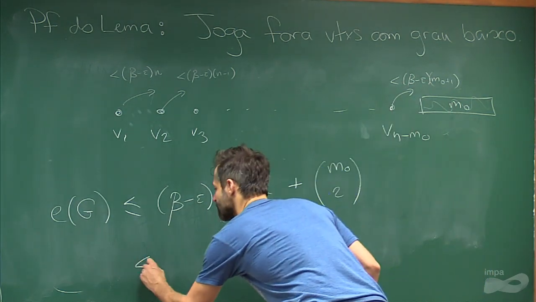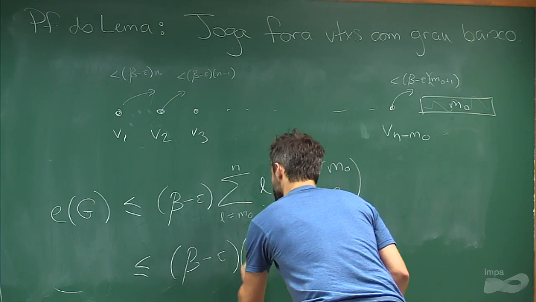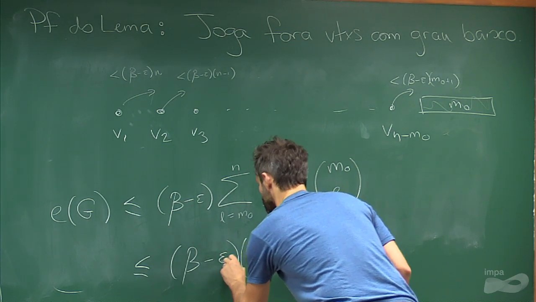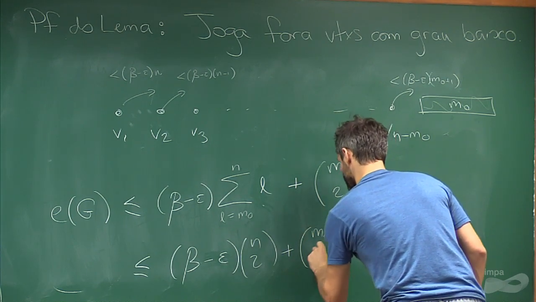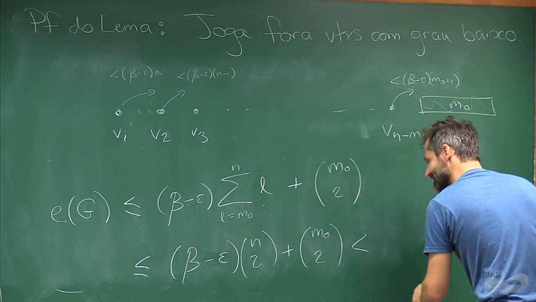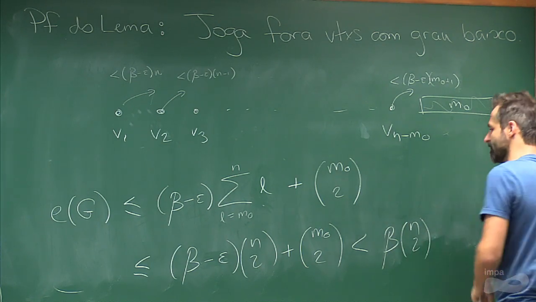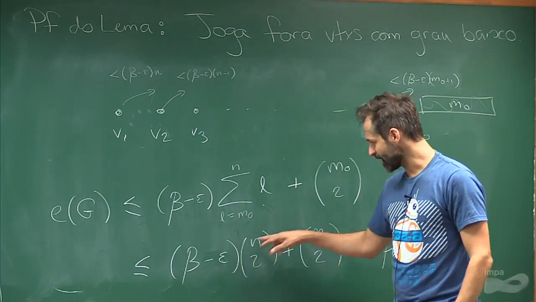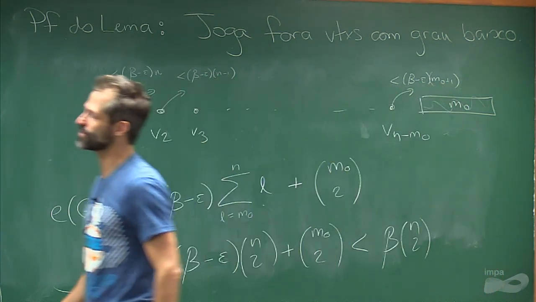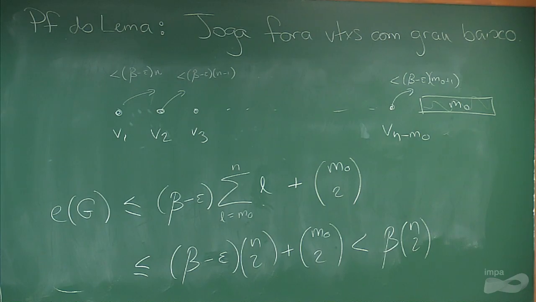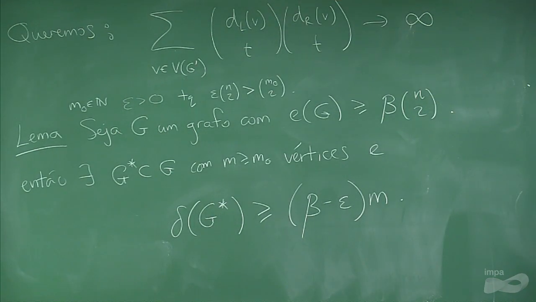This is at most beta minus epsilon times n choose 2 plus m0 choose 2, which is less than beta times n choose 2 if epsilon times n choose 2 is bigger than m0 choose 2. Okay, and that was the condition. And this is a contradiction because that was our assumption, that it was at least that.